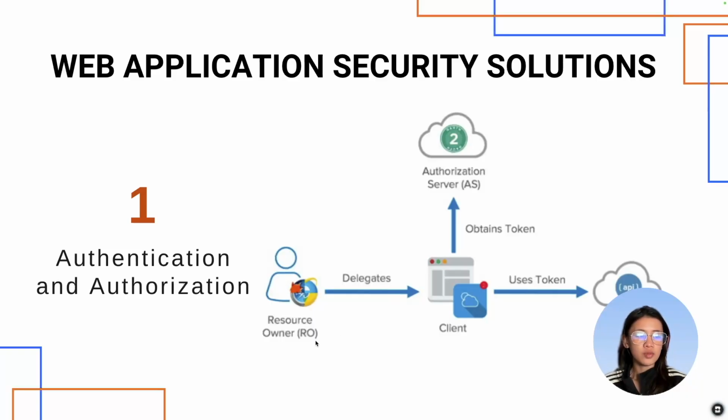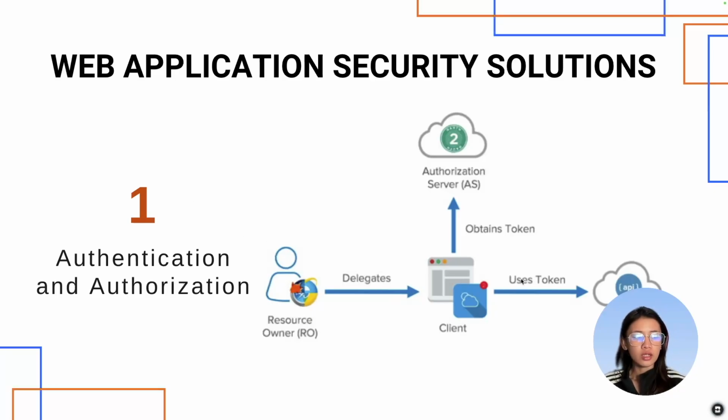In this process, we have the resource owner. It gives permission to the application, or the client, to access certain information. The client then requests authorization from the authorization server, which verifies the user's identity and issues an access token.